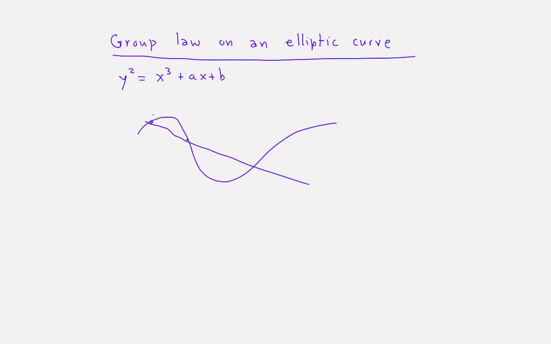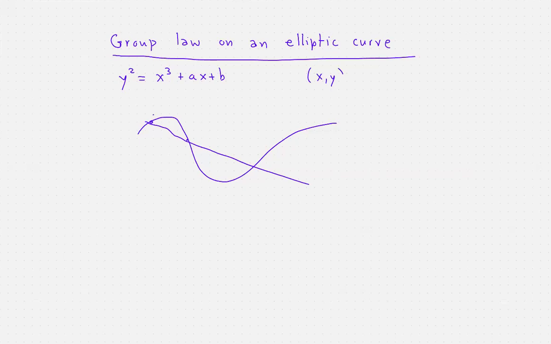In fact, instead of considering just all pairs of points with, in general, complex coordinates that satisfy the equation, we actually enlarge a little the set of points that we're considering.